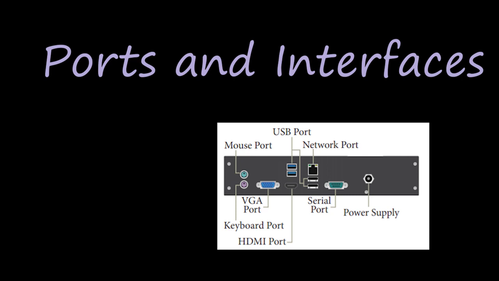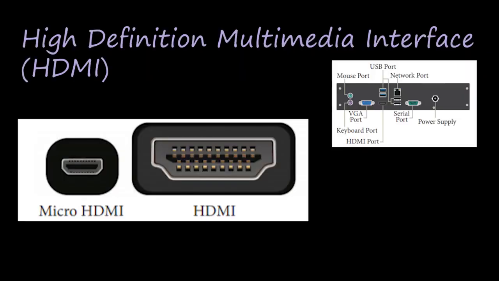Okay, and the next and last topic in this chapter is high definition multimedia interface. You all would have heard of HDMI cable, HDMI. What is that HDMI? HDMI is high definition multimedia interface.